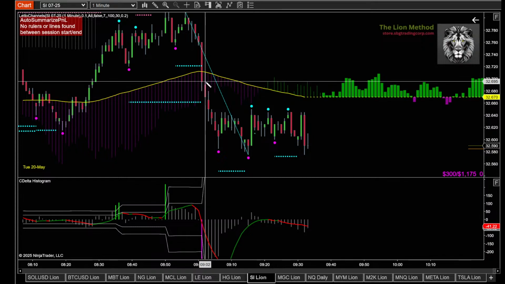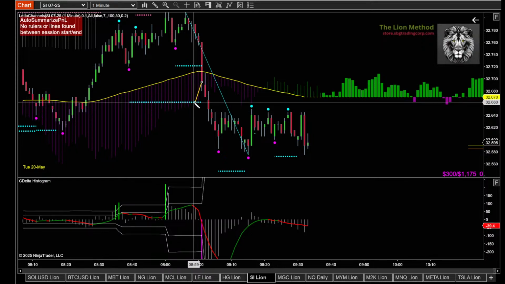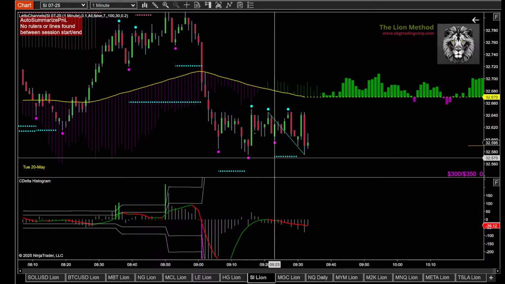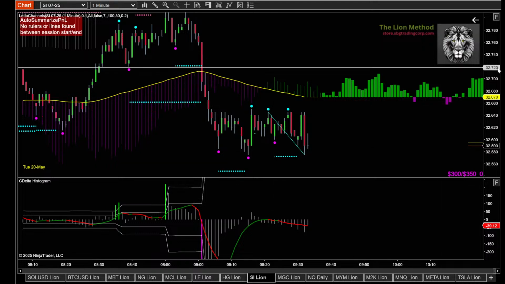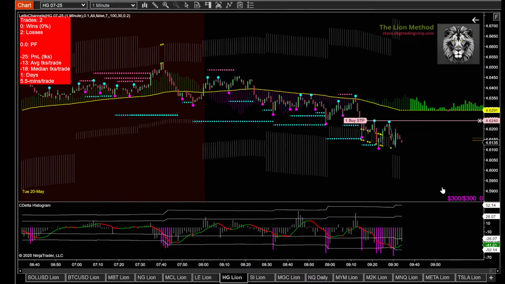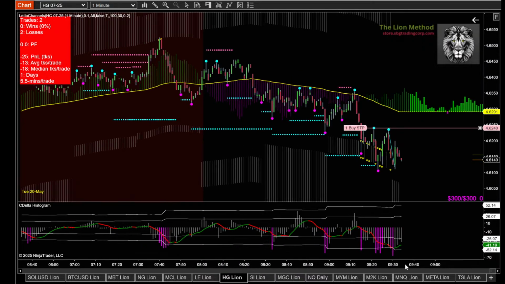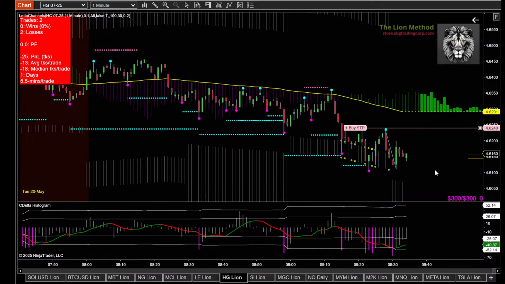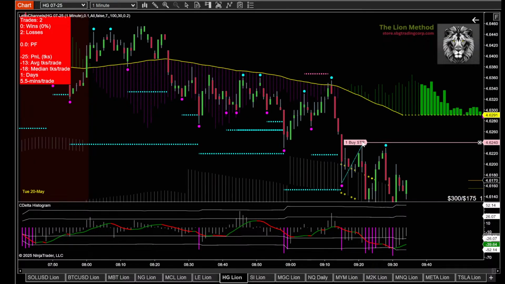My scalp would have been much more conservative, like 175. Yeah, copper just did not hit our entry. We do have a new entry price though.